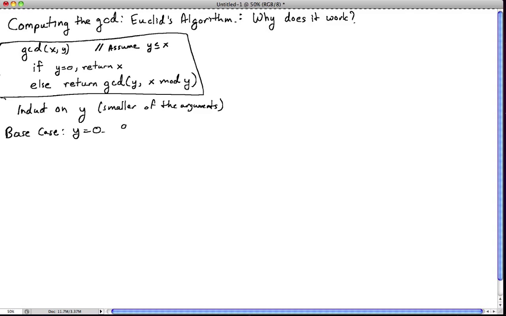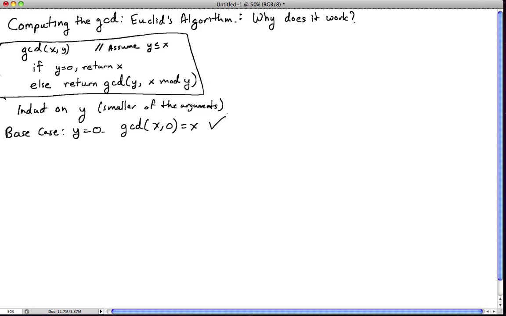So we have the GCD of x and 0. Well, for x and 0, the GCD is always x, because x divides x, namely x times 1 is equal to x, and x divides 0, since x times 0 is 0. So this is equal to x, and so it's correct. So it works for the base case.